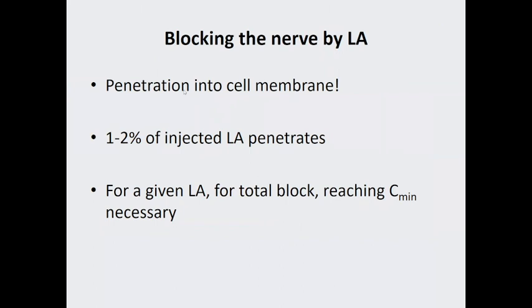All this penetration is necessary. Only a very small part of the injected local anesthetic penetrates into the nerves. And for a given anesthetic, for a total block, a minimal concentration must be achieved to occlude, to decrease this stimulation.